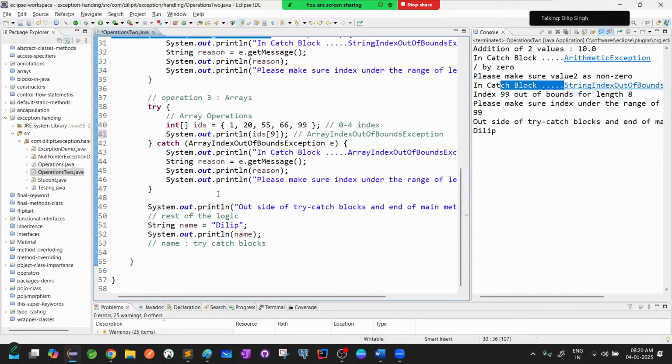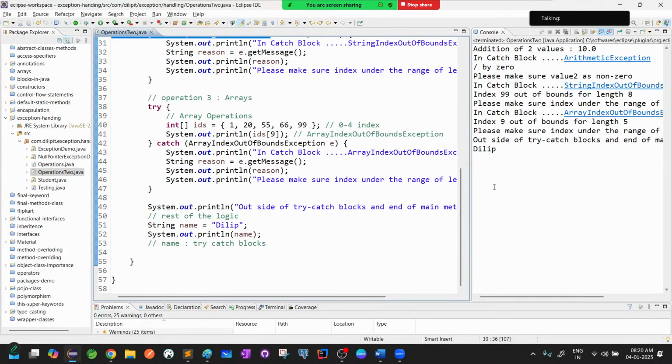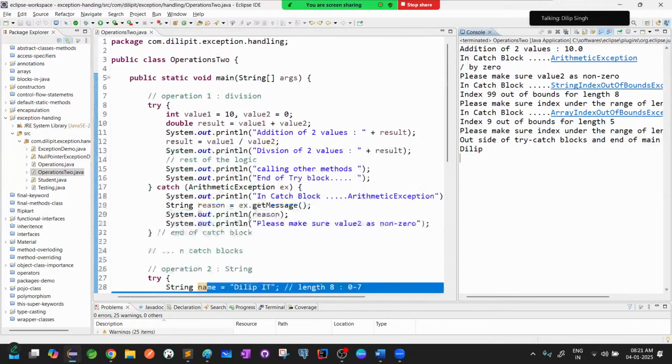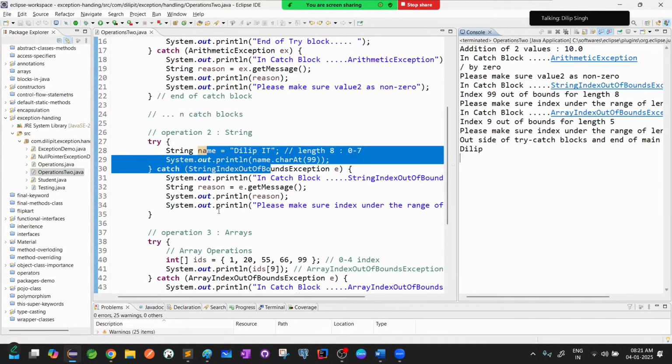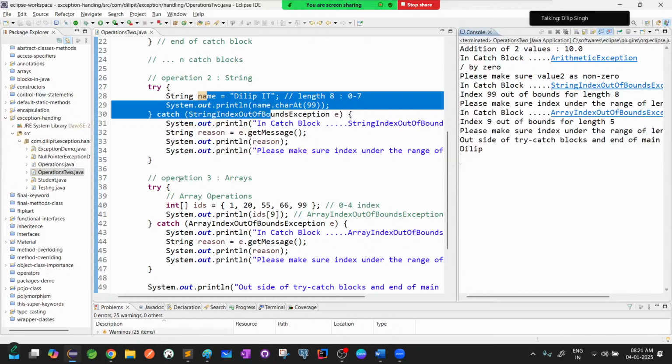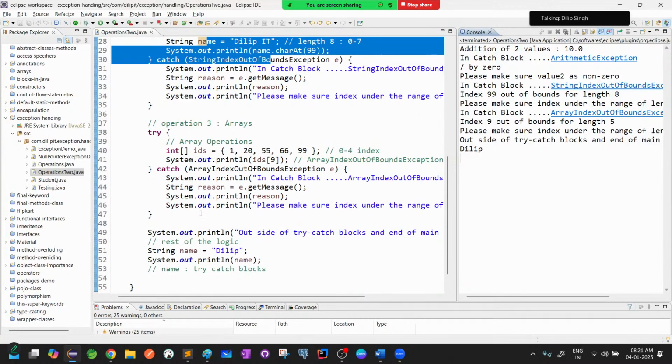In total 3 exceptions, arithmetic, string, and so on, and you handle the exceptions. So this is how you can write try catch blocks, any number of try catch blocks, wherever you want, inside a method, any number of times. You can break the logic into pieces.